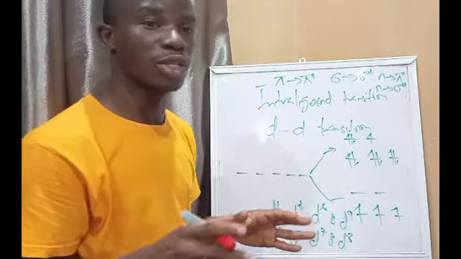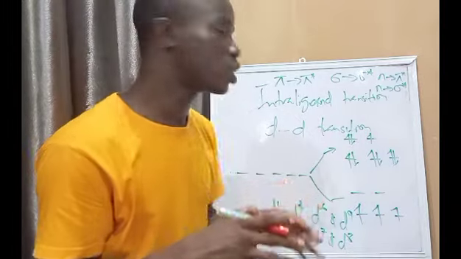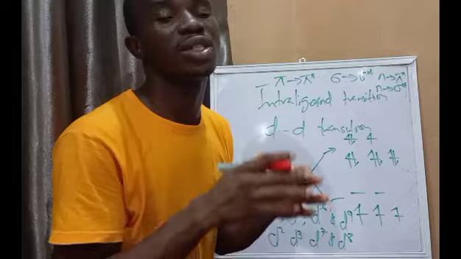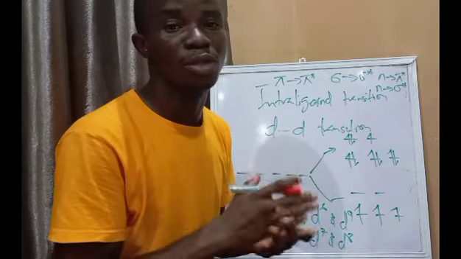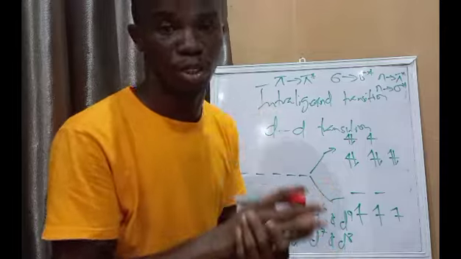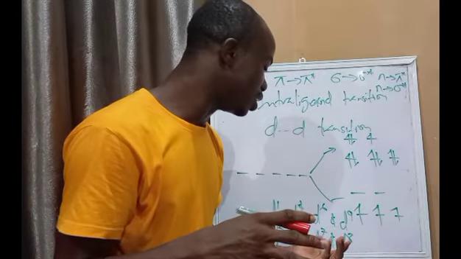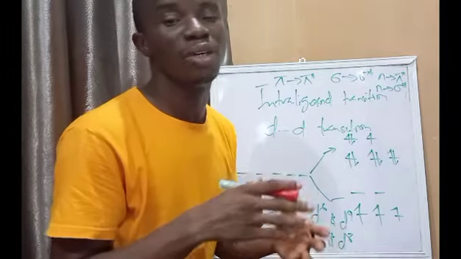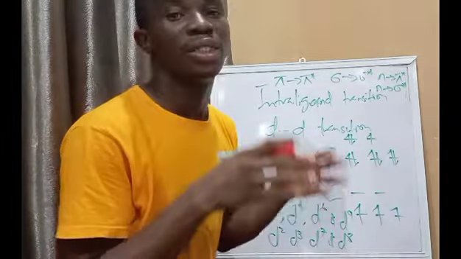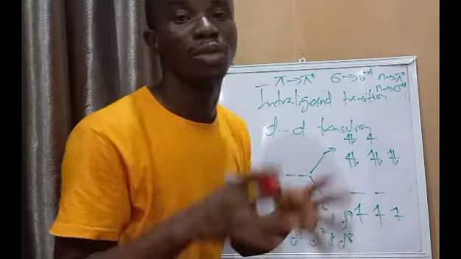But let us take note that d1, d4, d6 and d9 ions will always have a single broad band in the visible region of the UV visible spectrum, while d2, d3, d7 and d8 will give at most 3 bands in the visible region of the UV visible spectrum.